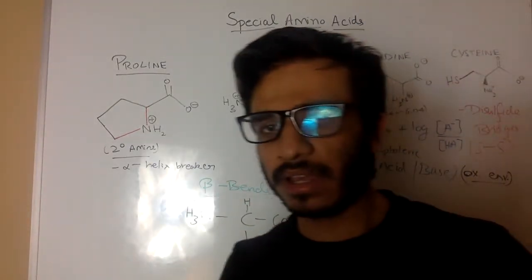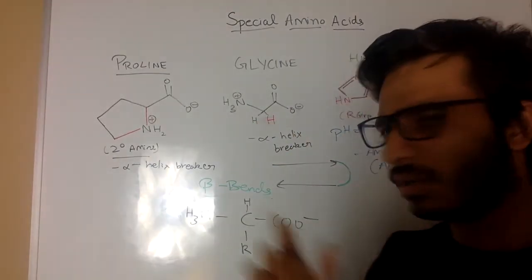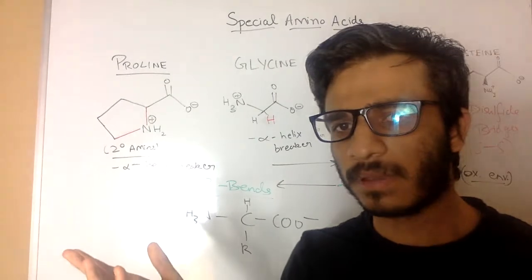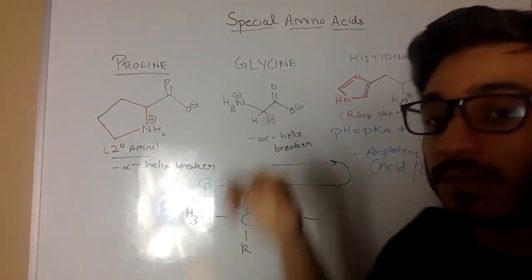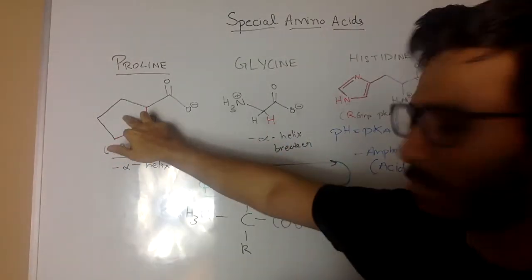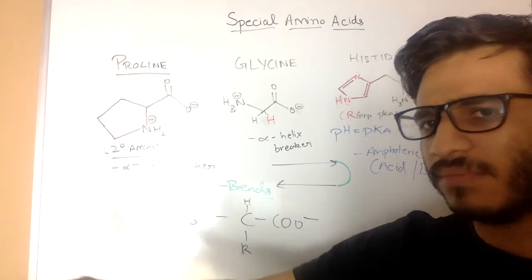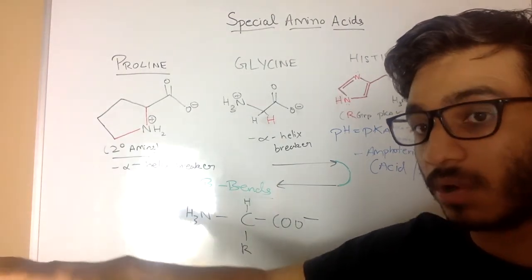Glycine is the same thing. Glycine's R group is also weird. It's just a small single hydrogen atom, and due to that, it minimizes steric hindrance, because there are no bulky R groups as in proline or in tryptophan. Those amino acids shouldn't be found in alpha helices because they cause kinks.